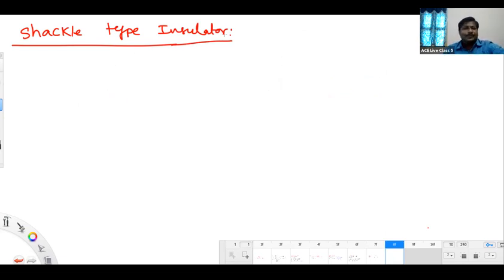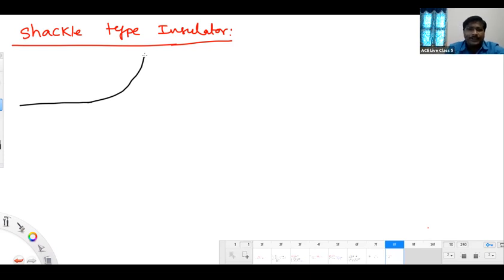See, for example, we have a location of curvature. Curvature means the conductor is running and taking some diversion at some location.